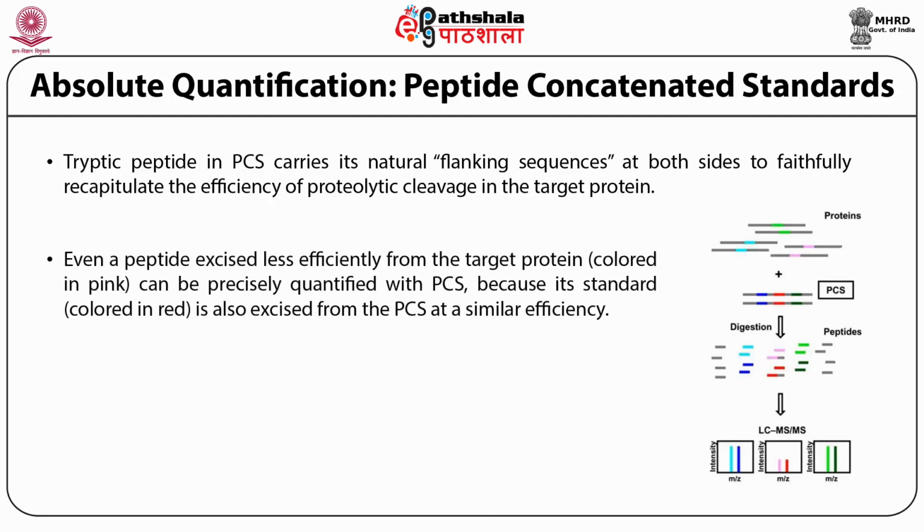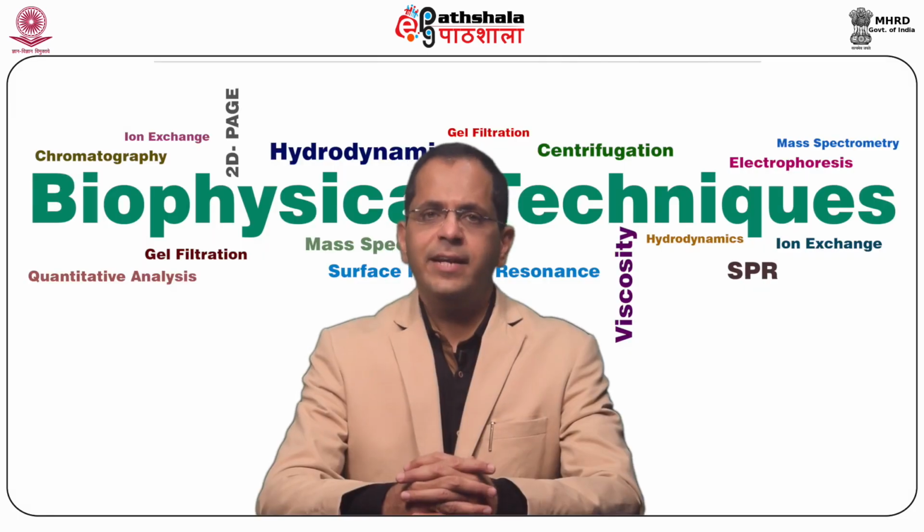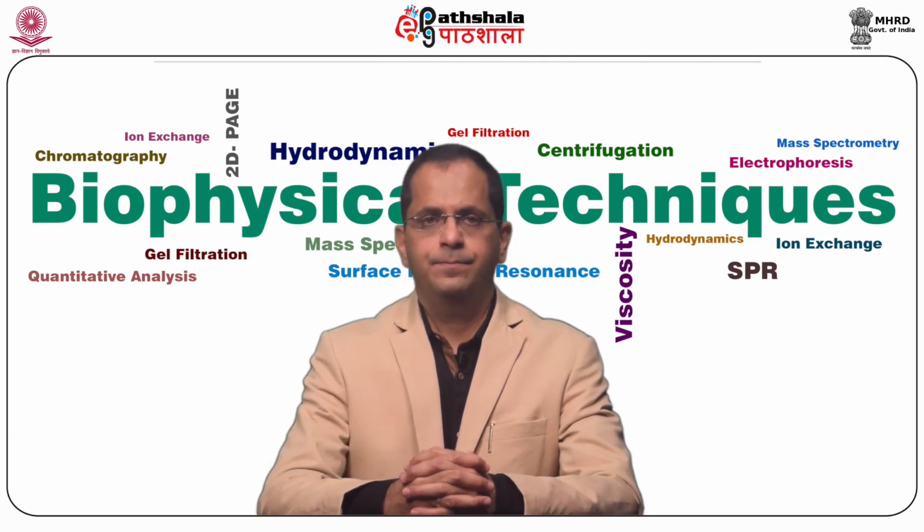Even a peptide excised less efficiently from the target protein, which is colored in pink, can be precisely quantified with the PCS because its standard, which is shown in red, is also excised from the peptide concatenated standards at a similar efficiency. Disadvantages of labeling based quantitative proteomics.